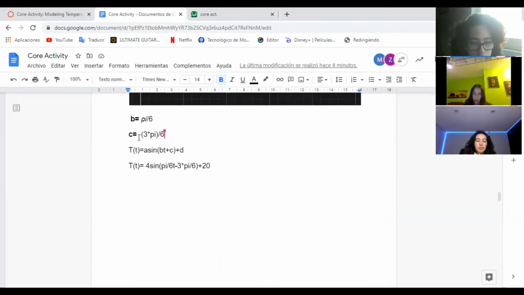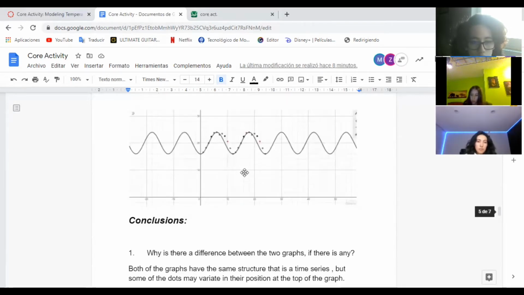And after that we got c with theta and clearing minus c over b, and we got minus 3 pi over 6. And so we got this equation that we graphed.